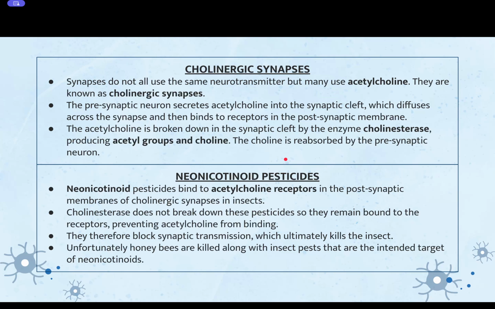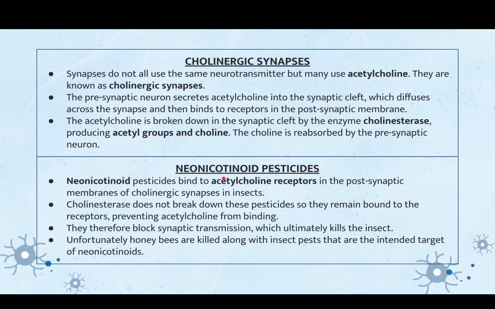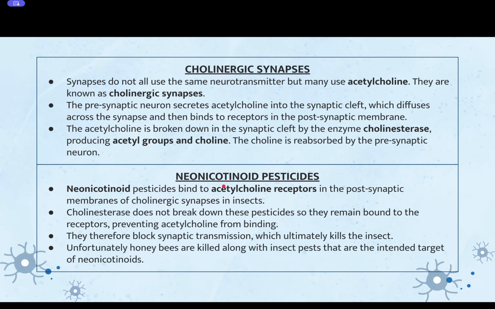The next is neonicotinoid pesticides. This is an example that you need to know, and I think it was a question that I tried to answer the other day because we were talking about neonicotinoid effects. Neonicotinoid pesticides bind to acetylcholine receptors in the postsynaptic membranes of cholinergic synapses in insects.